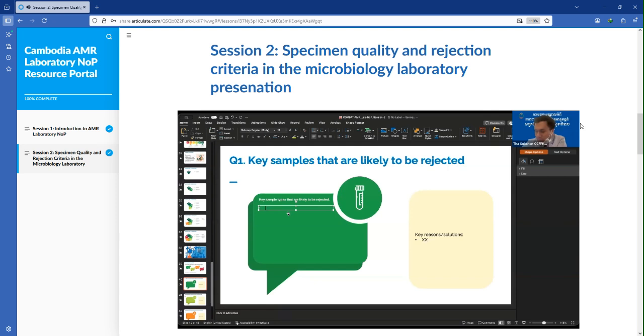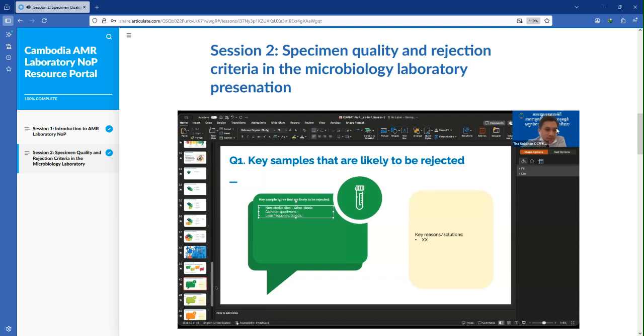In my team, the most frequently rejected specimens are from non-sterile sites like urine and stool, because they are collected by the caretaker family, as the patients at Angkor Hospital for Children are children. Less frequently, sterile sites such as blood are rejected, sometimes because of labelling. From Takeo Hospital, mostly sputum of poor quality.